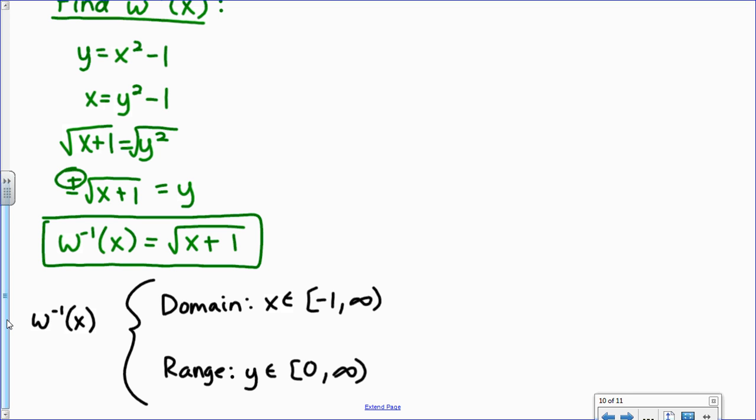And think about that. This is a square root function. So for your domain, when you had to find the domain of this, it was x plus 1 greater than or equal to 0. You had to write that inequality, which means x is greater than or equal to negative 1. That's how you'd write that in interval notation.